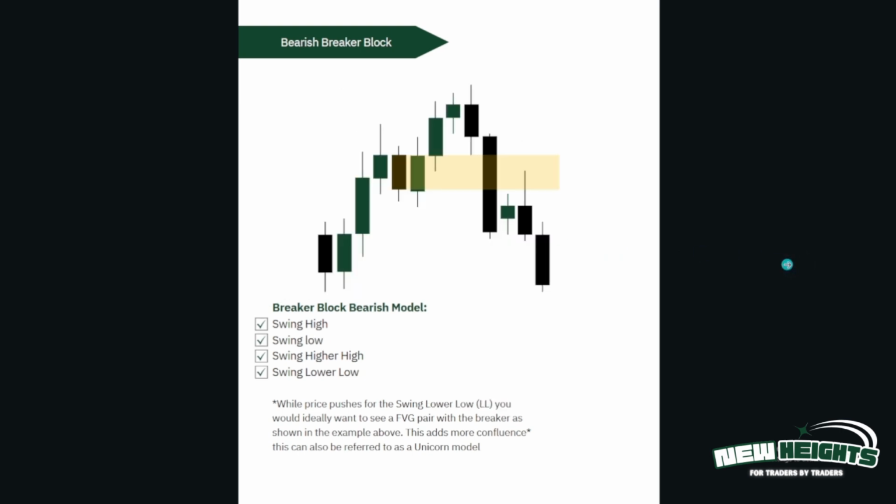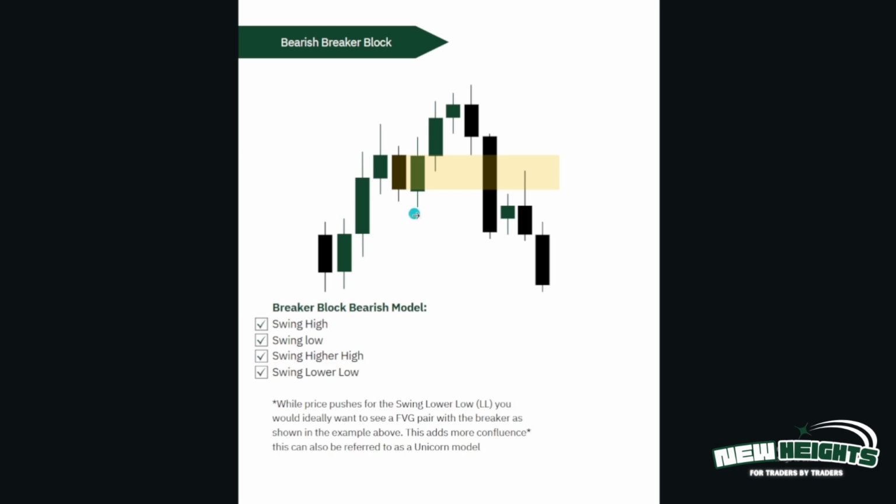So again, for a bearish one, it's going to be the exact opposite of a bullish one. So you're going to look for a swing high, swing low, swing higher high, swing lower low. For a bearish one, you're going to form a bearish CISD. Bullish one, you're going to form a bullish CISD, again just as an added confluence to that entry. So again, here you have this high, low, higher high, lower low.